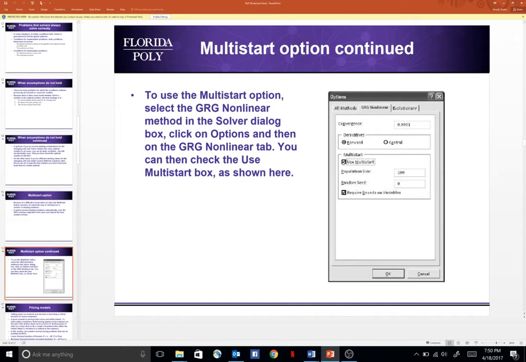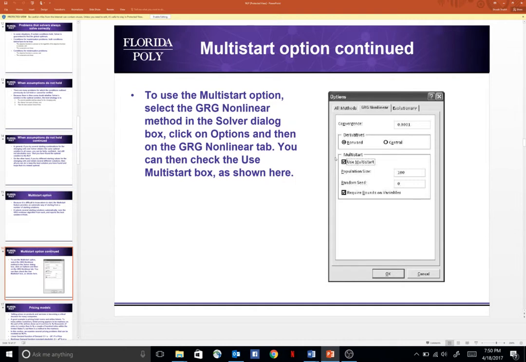Basically it will look at a nonlinear function, and if it has local optima, it will evaluate those local optima by starting the function at varying values across the board that are within the bounds of that function, and from that it will be able to determine if that local optima is indeed the global optima.